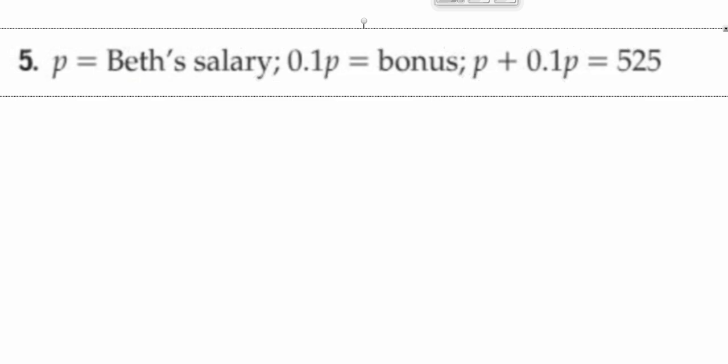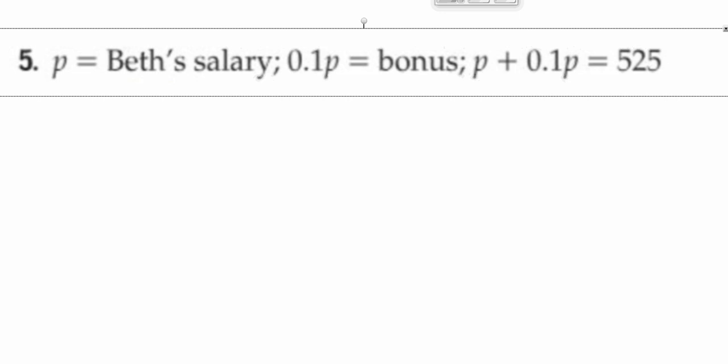So when we say p plus 0.1p equals 525, we could say that p equals Beth's salary and 0.1p equals Beth's commission. So let's start writing that out.